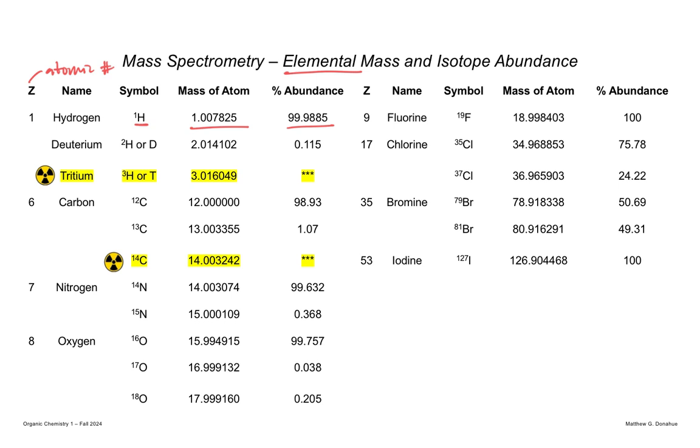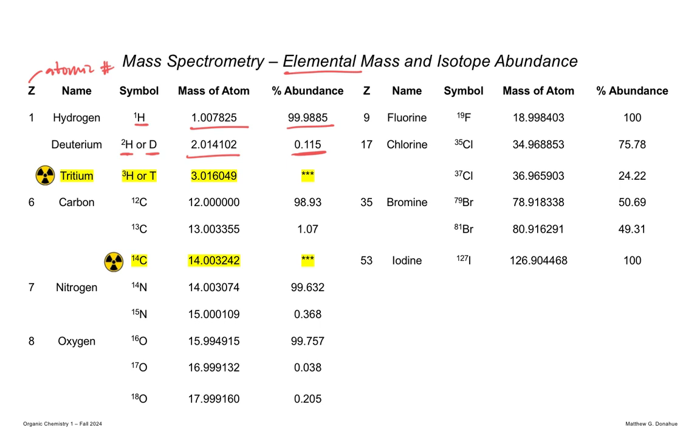So we see that hydrogen has an abundance greater than 99%. The remaining 2 isotopes: deuterium, which is given the nomenclature 2H or just the letter D. Notice the mass increases, and it's less than 0.1% abundance naturally occurring.